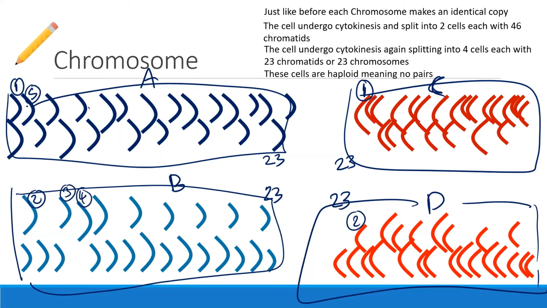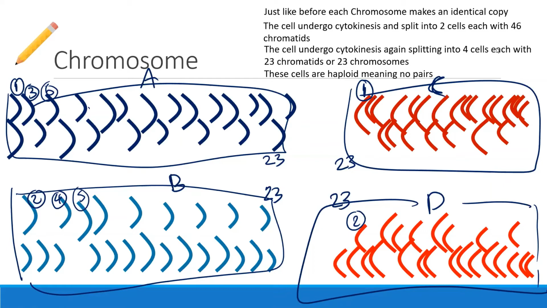Actually, no, that's not how it would work. I got that wrong. This one has to have either the first one or the second one. So maybe this one's got chromosome 4 and this one's got chromosome 3. Maybe this one's got chromosome 6, but this one's got chromosome 5. Whatever. My point is, the cell undergoes cytokinesis again, splitting into 4 cells, each with 23 chromosomes or 23 chromatids.